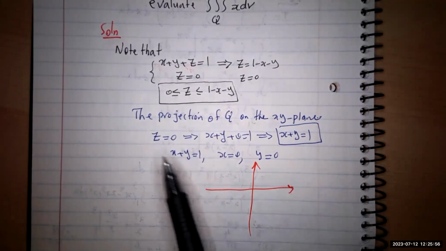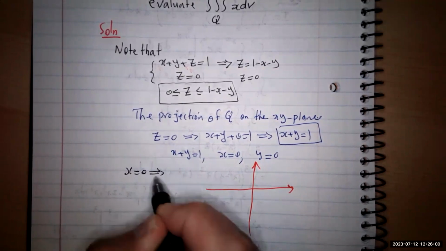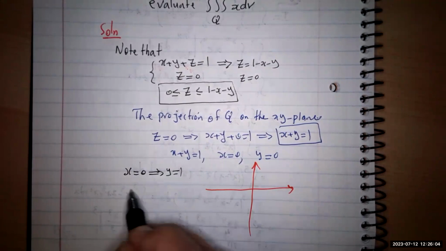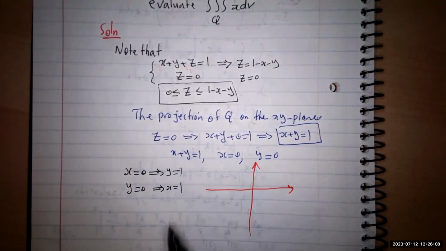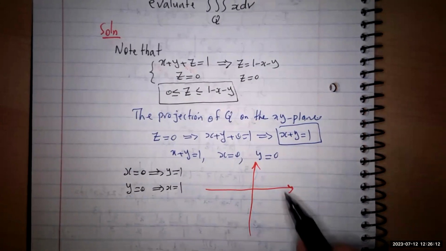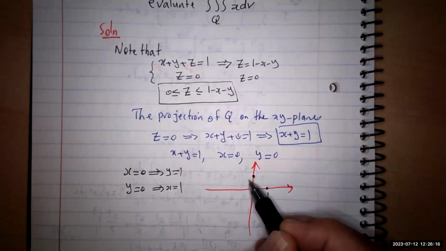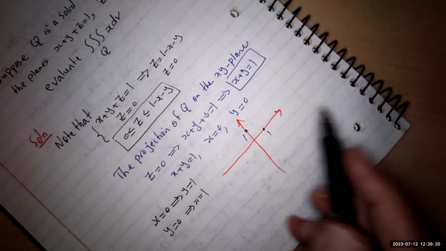If you replace the x by 0 in this equation, y would be 1. If we replace y by 0, that gives you x equal to 1. So what's going to be the graph that you are going to have? These are the intercepts: 1 on x, 1 on y. So this is going to be the line.